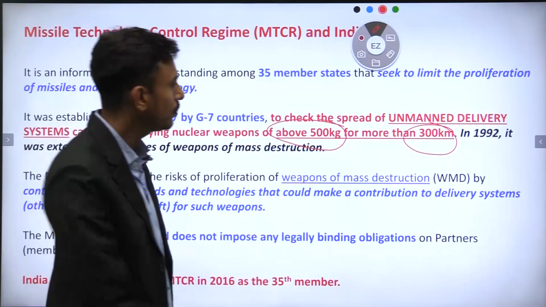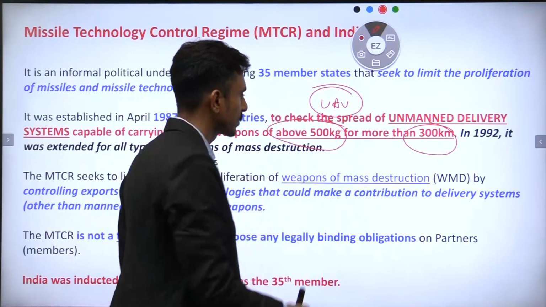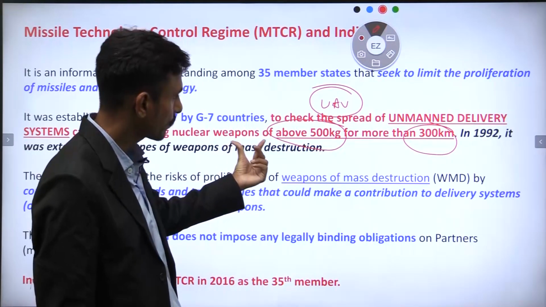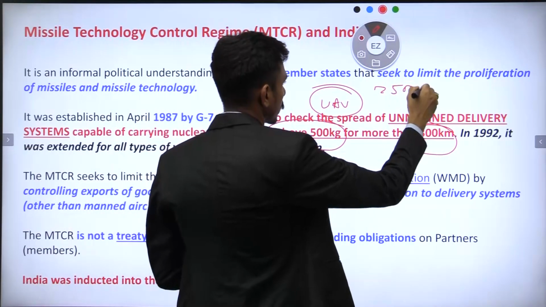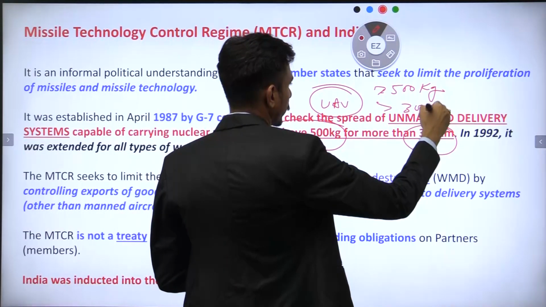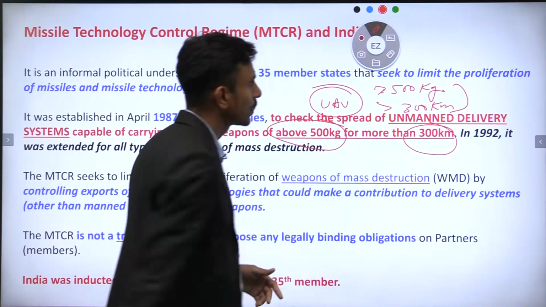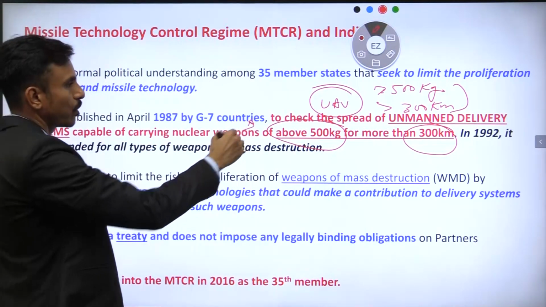So those unmanned aerial vehicles or rockets or missiles which have the capacity of carrying nuclear weapons above 500 kg weight and more than 300 kilometers of range would be regulated under the MTCR, right? So this is something which is very, very important.